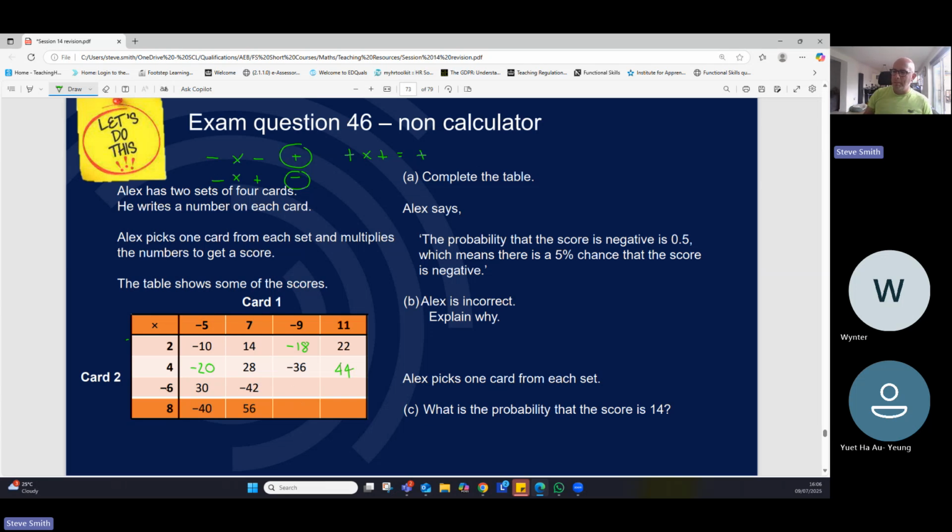Then minus times a minus goes a plus. So we've got 6 times 9. Well, 5 times 9 is 45, and the 6th one would be 54.